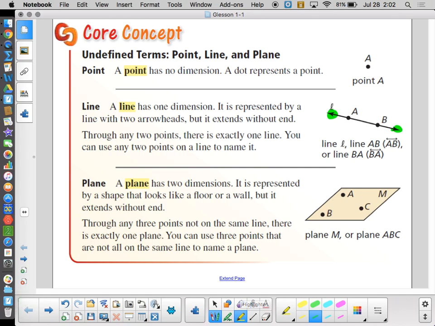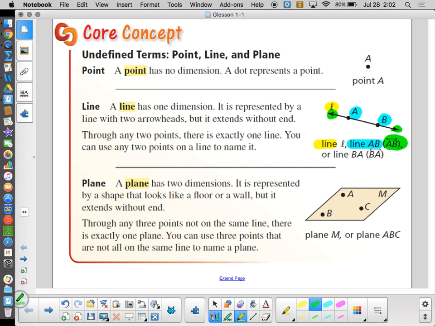We name the line. There are several different ways we could name it. We could just call it line L. Notice the L is italicized, a little letter over one of the arrows. So that's one way we can name a line. We can also name a line using any 2 points on that line, and here those points are A and B. So we could call it line AB, or we could use the symbol form of that. And the symbol form looks like this. And guess what?